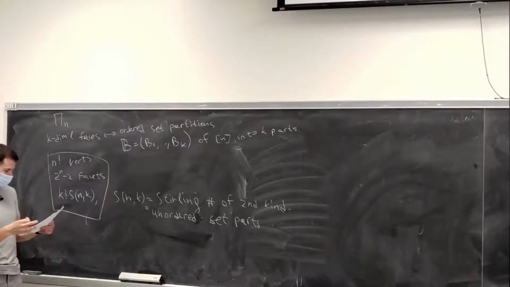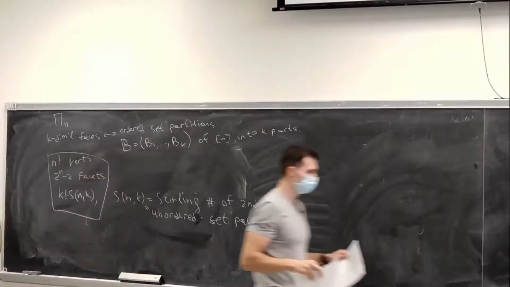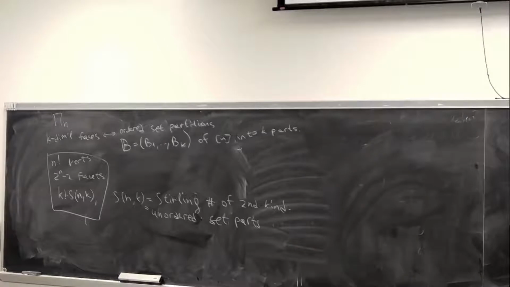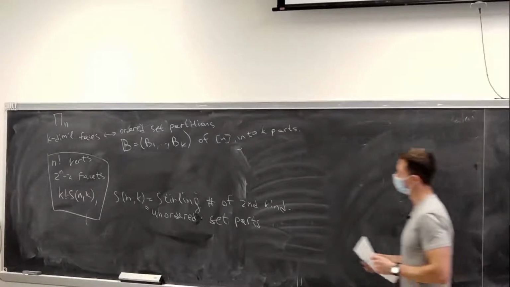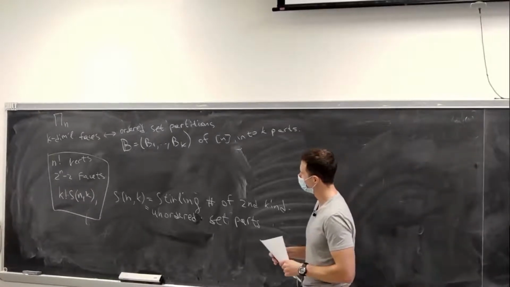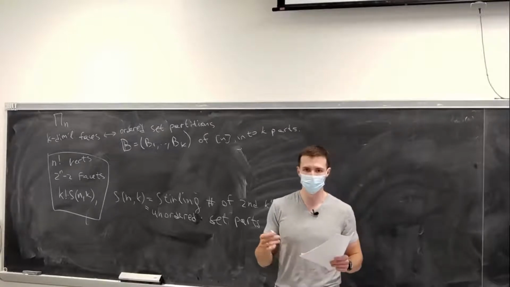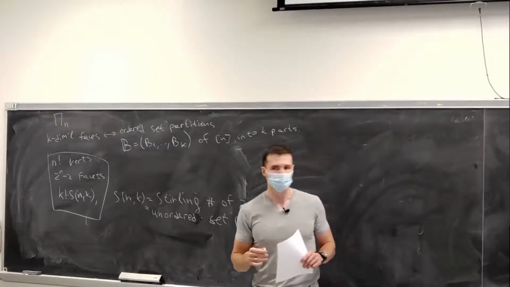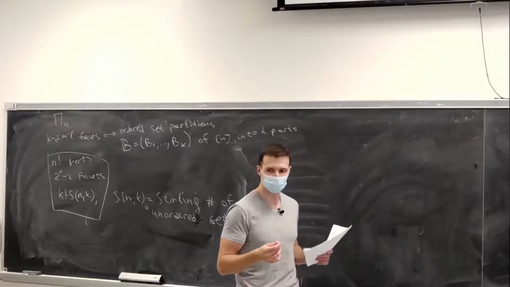And today I'd like to continue to study the properties of permutohedra. In particular, in the last lecture, a few people mentioned the Bruhat order, and probably many of you haven't heard of it.